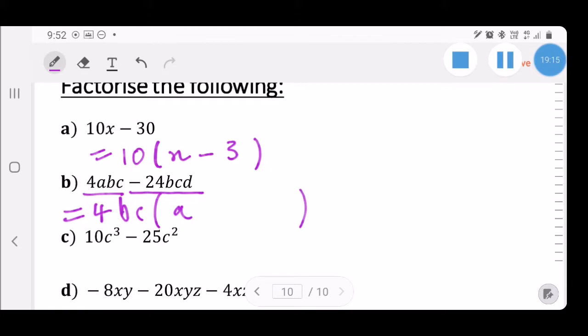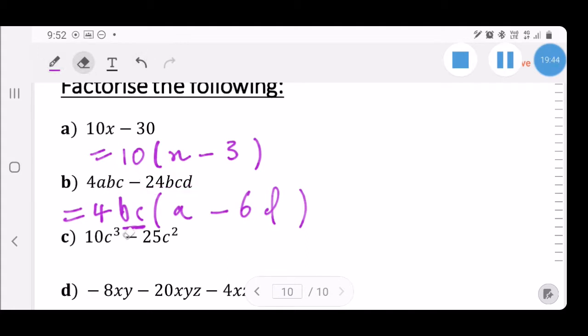Well, it's going to be a negative, and the number will have to be 6. 4 times negative 6 is negative 24. We already have a BC here, so we just need a D after that. Because 4BC times negative 6D gives us negative 24BCD.